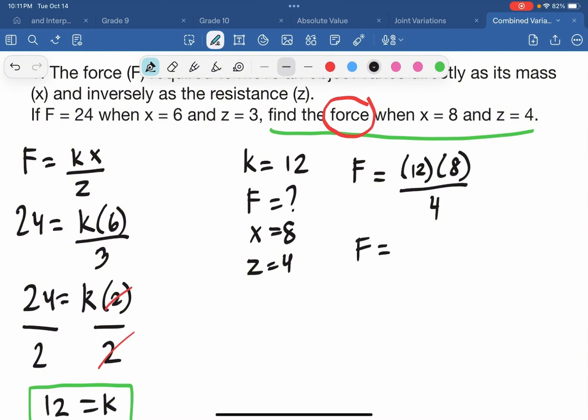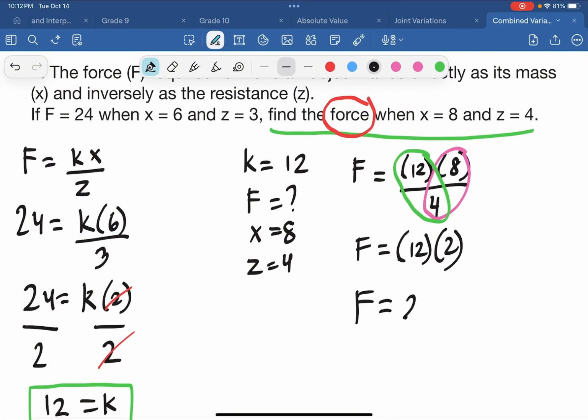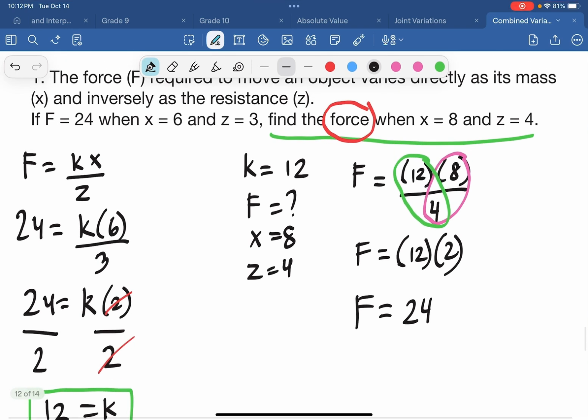You could just operate 8 divided by 4, or either way you could have 12 divided by 4. Anyway, your choice, but let's have 8 divided by 4, which is 2. Anyway, you have your calculator with you, so you could just do this right away, which is equal to 24. And since we're talking about force, the answer should be in newtons. So F is equal to 24 N. And this is the answer.